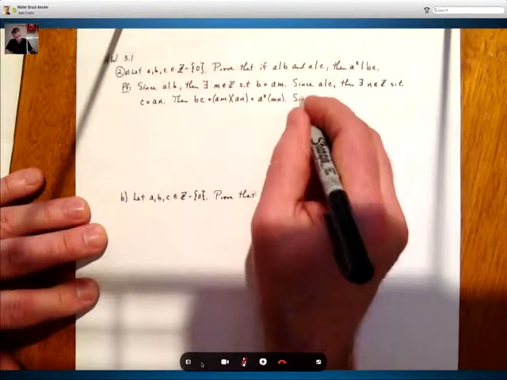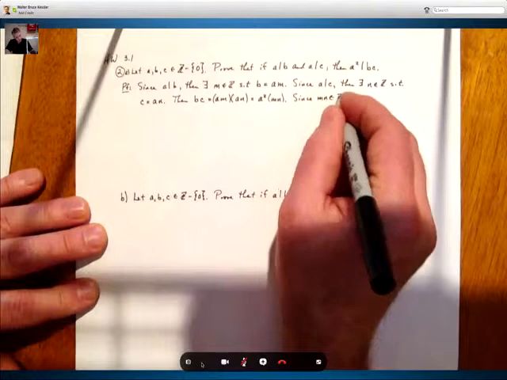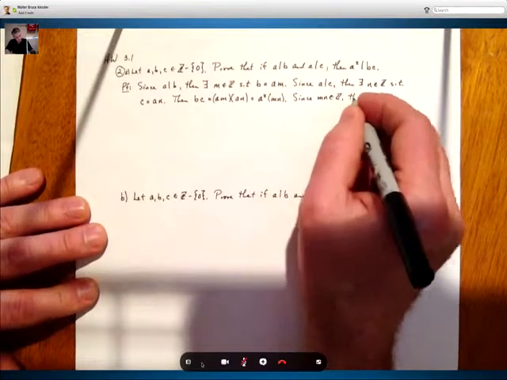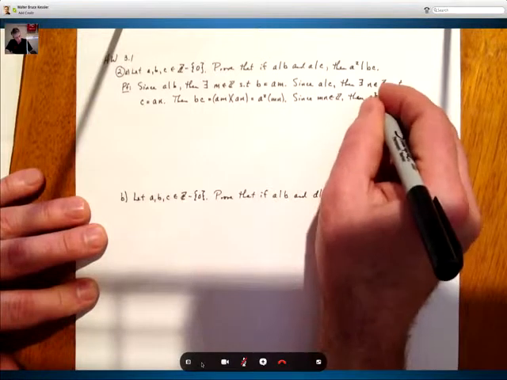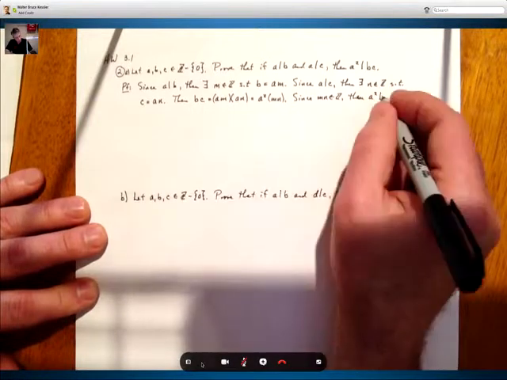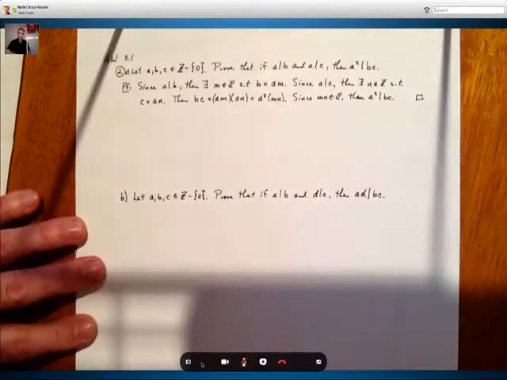So since mn is an integer, then a squared divides bc. That's it. That's what I had to show.